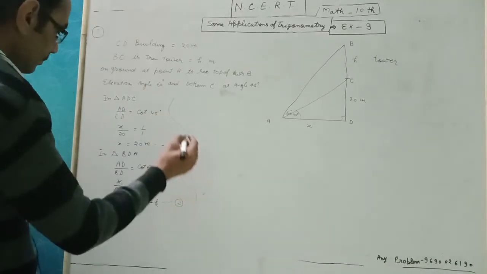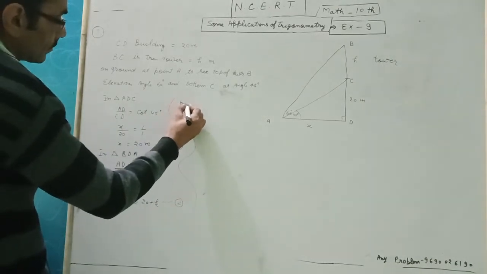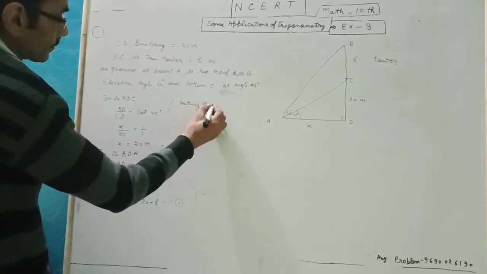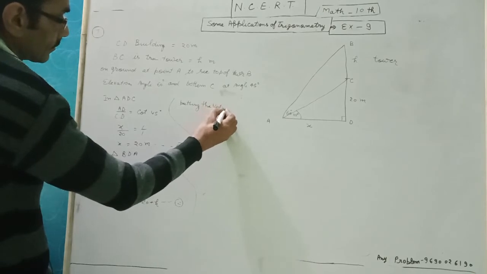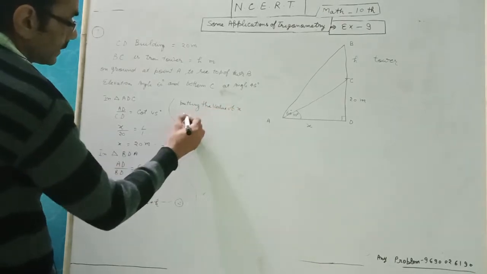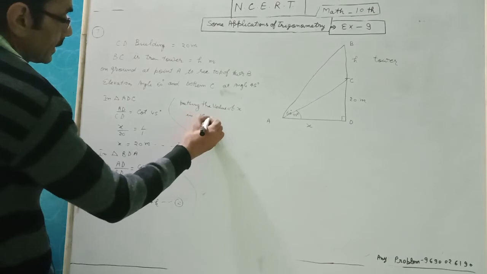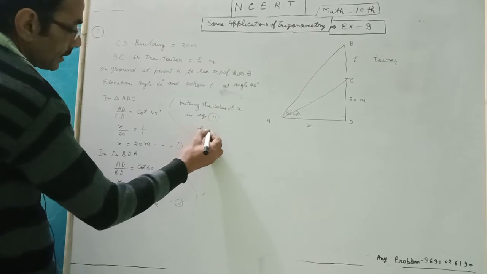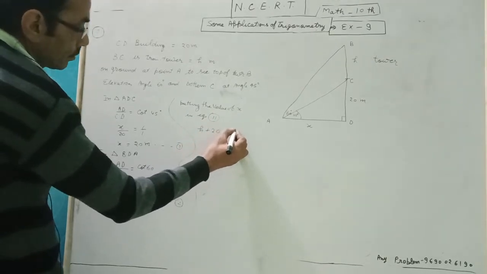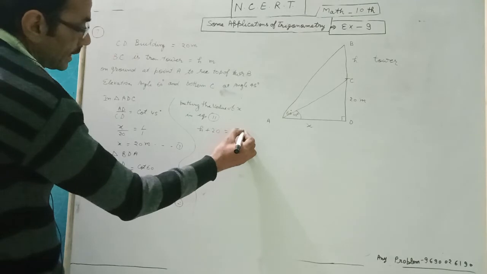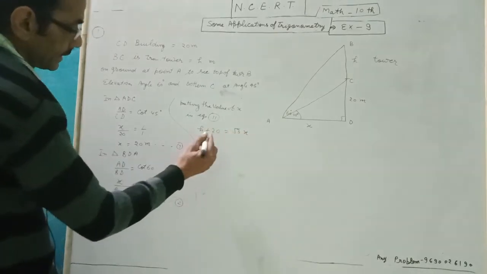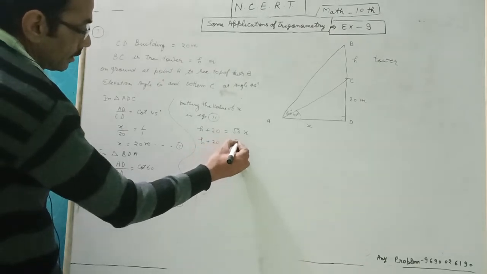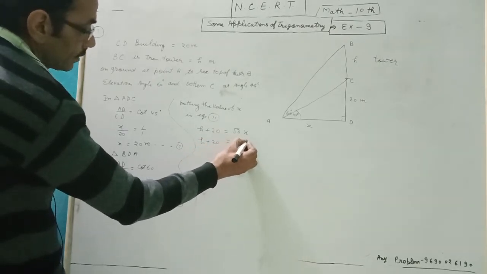Putting the value of X in equation second: H plus 20 is equal to under root 3 times 20.